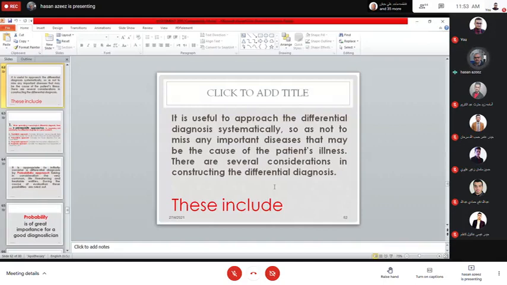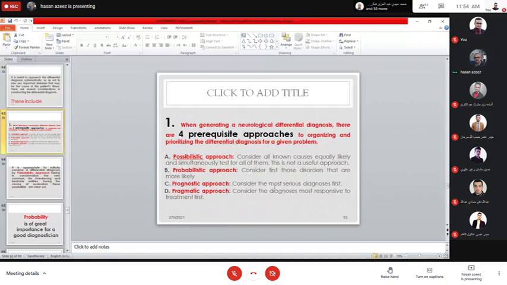There are several considerations in constructing the differential diagnosis. First step here, prerequisite approach. If I want to write a list of differential diagnosis, let's say 5, which is the most likely, you will say I will put at the top of the list the most likely.